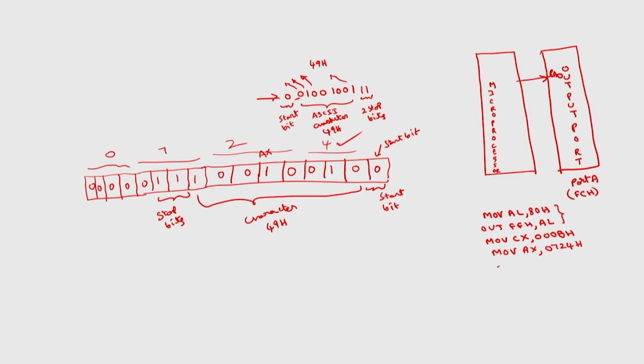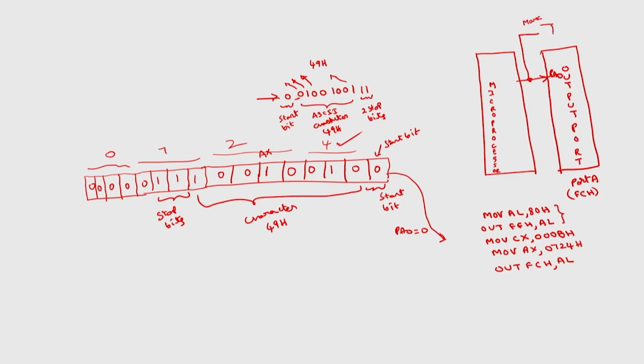So, out FCH comma AL. What happens is, this 0 will be outputted on PA0. If I take this PA0 waveform, initially without any transmission, this will be a mark.